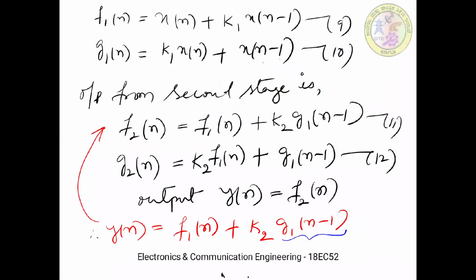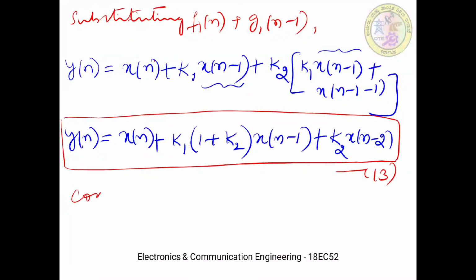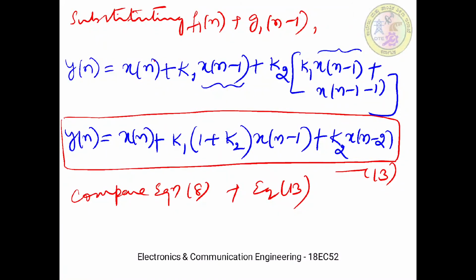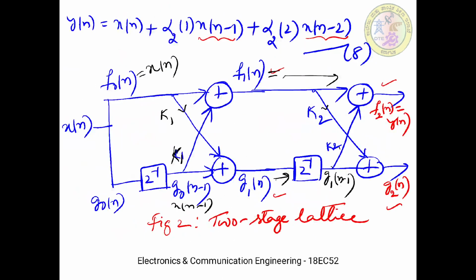So comparing equation 8 and equation 13, in this place k1 into 1 plus k2, we have alpha 2 of 1.